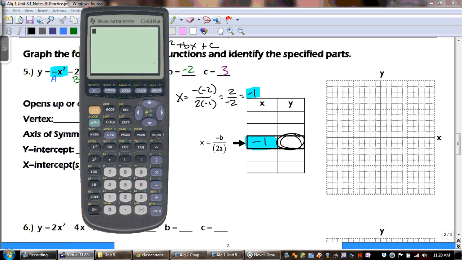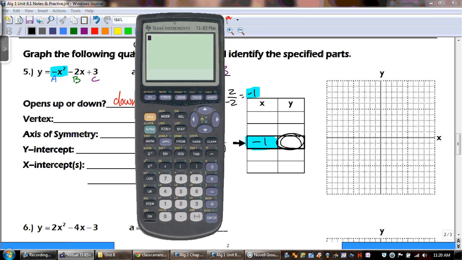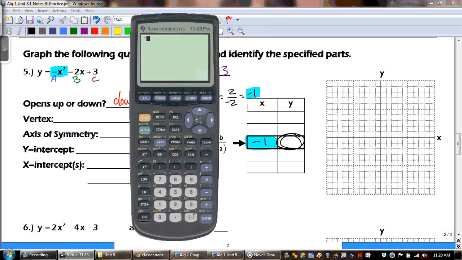So what I'm going to do is plug it into the equation. We have the opposite, and we're plugging in -1 squared minus 2 times -1 plus 3.